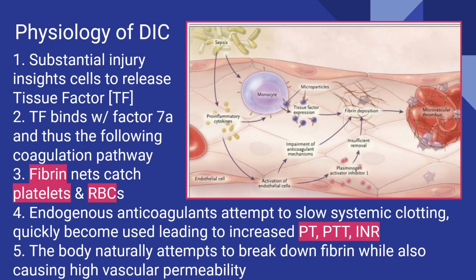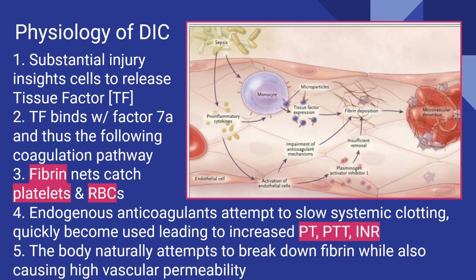So your body's trying to clot, your body's also trying to fight the clot, and what ends up happening is you use up all your clotting resources from this internal battle of back and forth, all the way up to the point where, like in that movie, everything's released, all the chickens break free, and you have no more nets, no more clotting ability, and you start to bleed out.